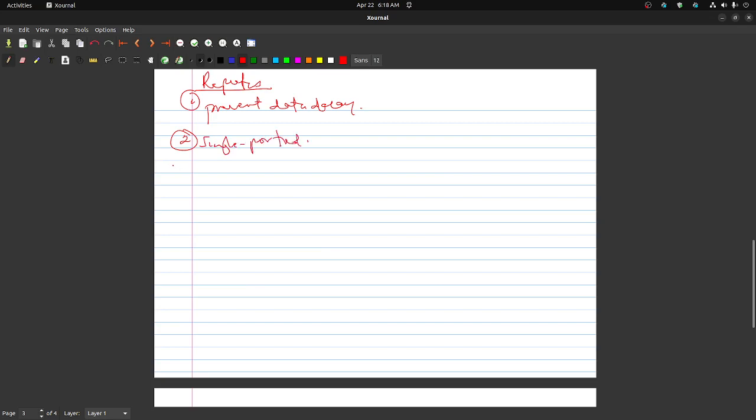That is something you need to understand. Number three, they regenerate signals. That's how they actually prevent data decay. Data decay does not occur because they regenerate the signal.